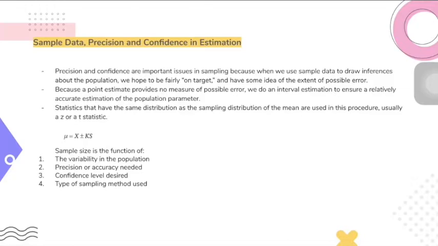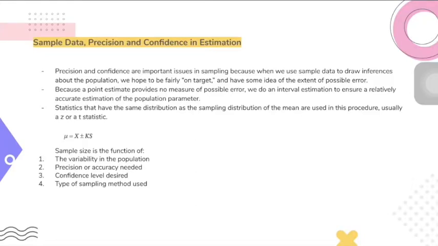Statistics that have the same distribution as the sampling distribution of the mean are used in the procedure, using a z or a t statistic. We could construct a confidence interval around x-bar to estimate the range within which mu will fall.